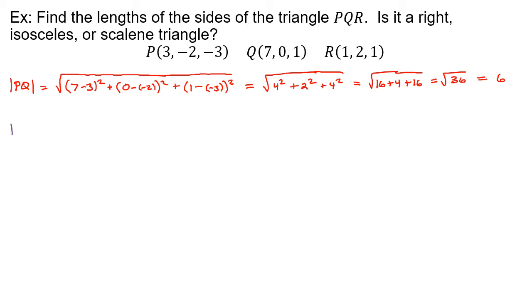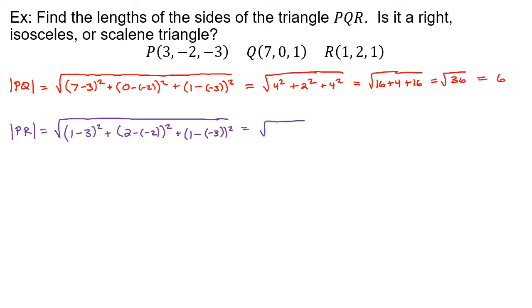Okay, let's do P to R. So P to R means I'm going to do the R minus the P. So I'll have a 2 minus negative 2 squared, and a 1 minus negative 3 squared. 1 minus 3 is negative 2, so I'll have a negative 2 squared. 2 plus 2 is 4, so I get a 4 squared.